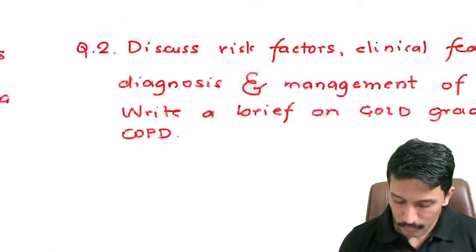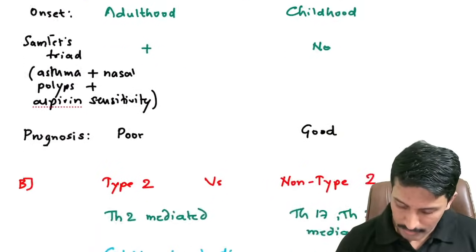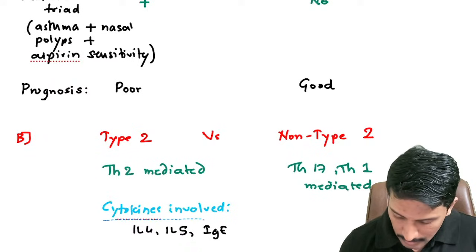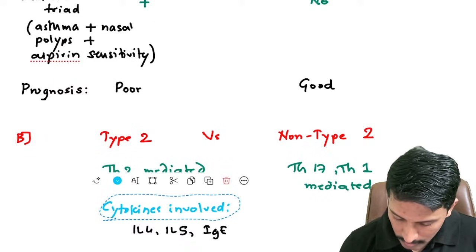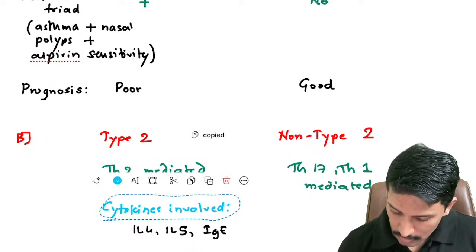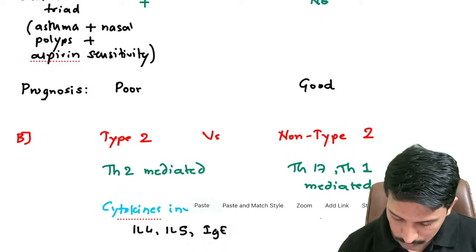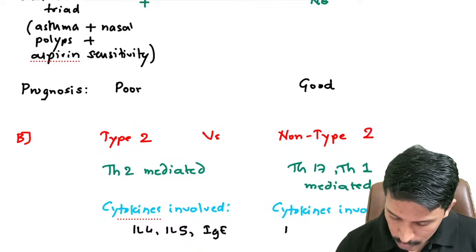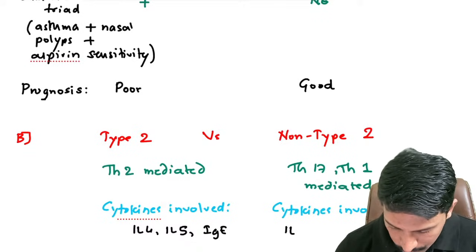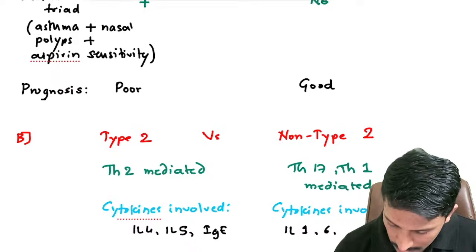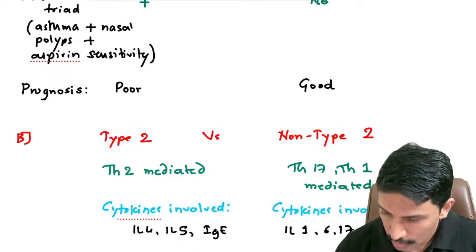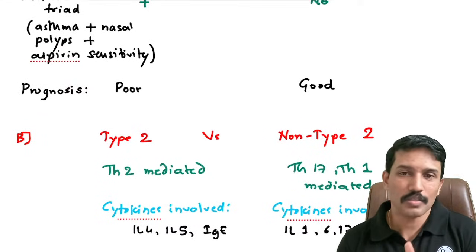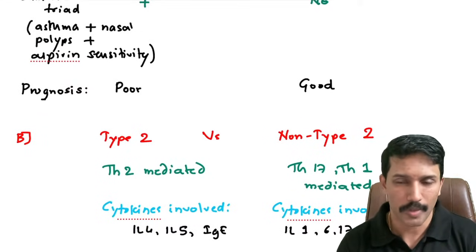But when it comes to non-type 2, we have mainly interleukin 1, 6, 17, 22. The list goes on. Why is this important? Because this will have an influence in terms of management.